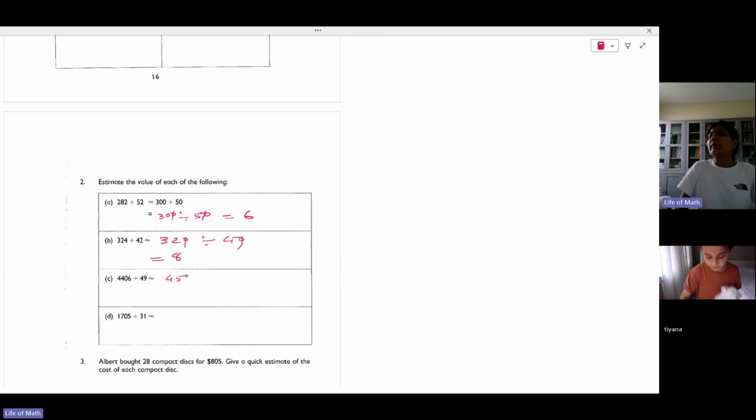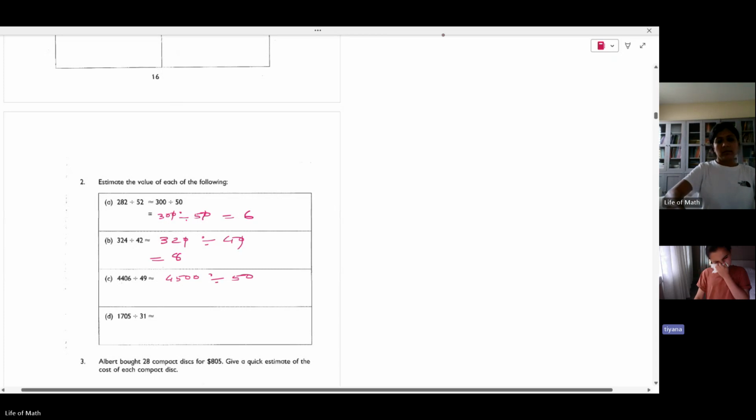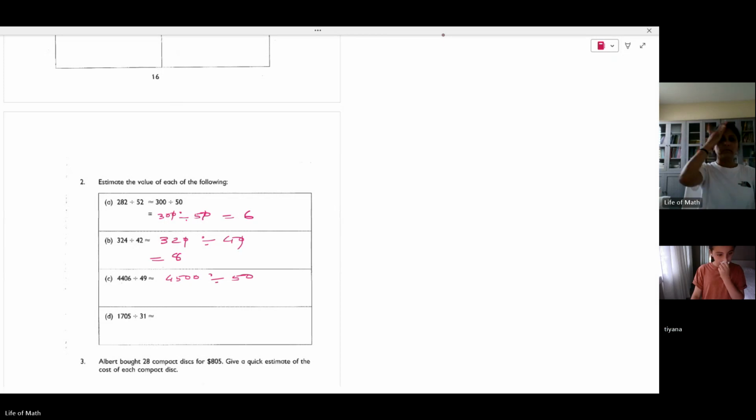This can be 4,500. Divide by 50. 4,500 divided by 50. What do we get? Can I not just round it to 4,000? No. Because if you do 4,000, you are reducing that number, and 49, you are increasing.